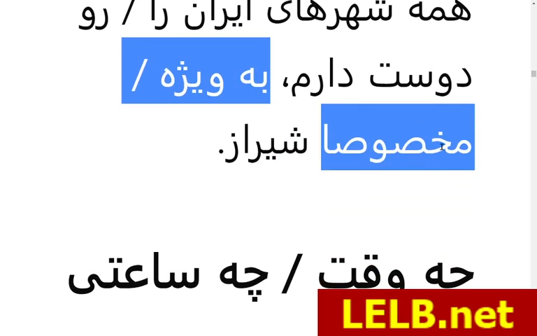The answer: همه شهرهای ایران را دوست دارم. I love all of the cities in Iran, به ویژه or مخصوصاً شیراز. به ویژه means specifically, or مخصوصاً. Shiraz is one of the cities of Iran. شهر means city.